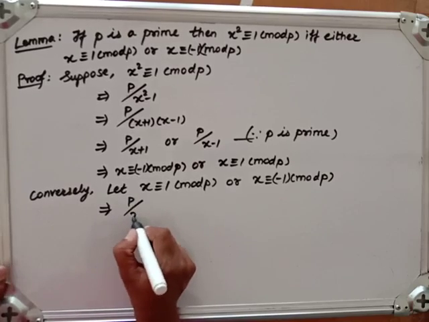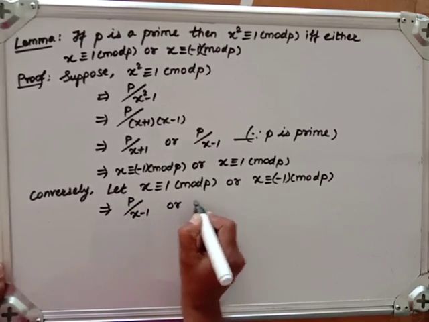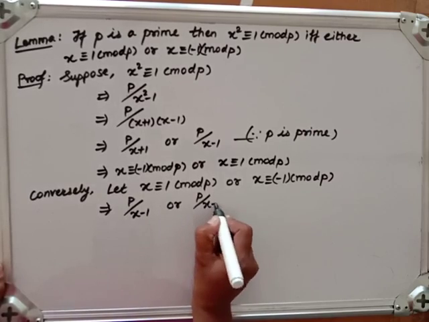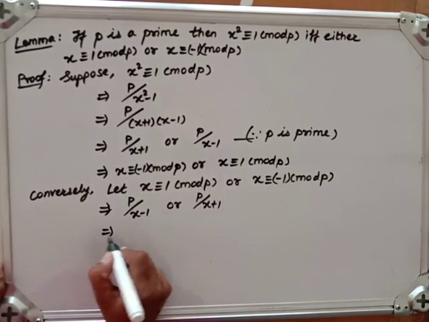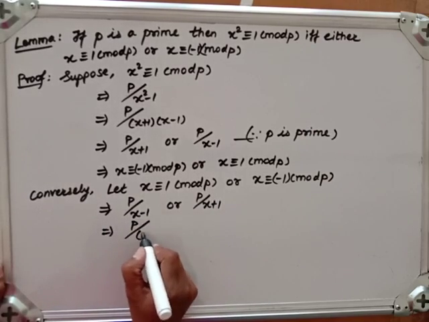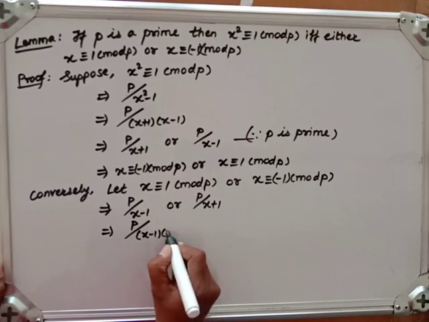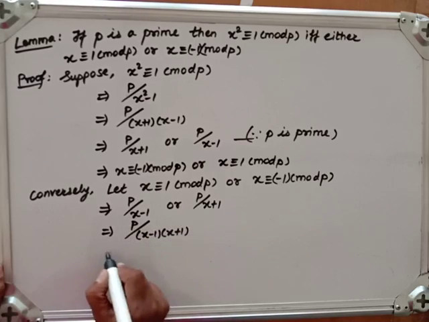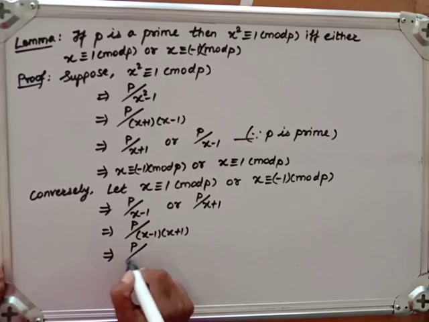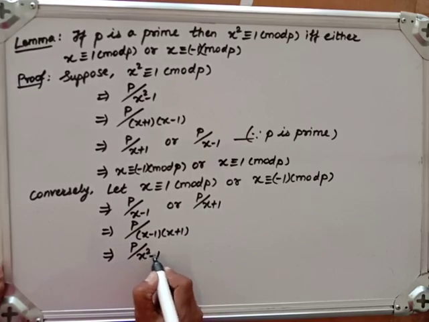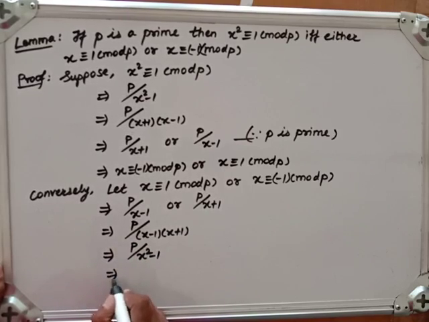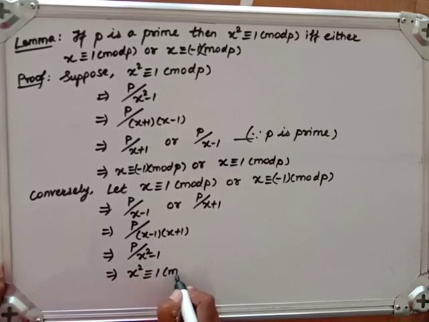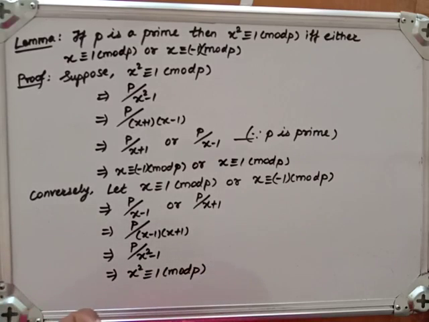This gives p divides x minus 1 or p divides x plus 1. So that gives p divides x minus 1 times x plus 1. So this says p divides x square minus 1. So that gives x square congruent to 1 modulo p. Fine. This is about this lemma.